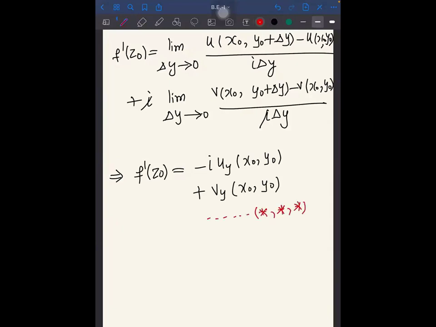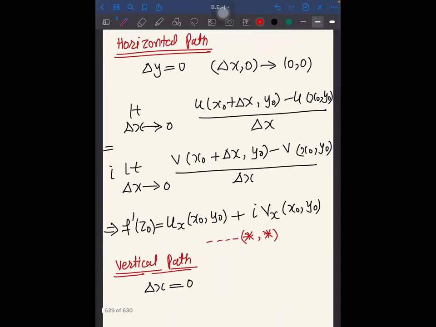So from double star and triple star, what do you get? Can you see the left hand sides of both? Both are f dash z naught, right? So both have to be the same.